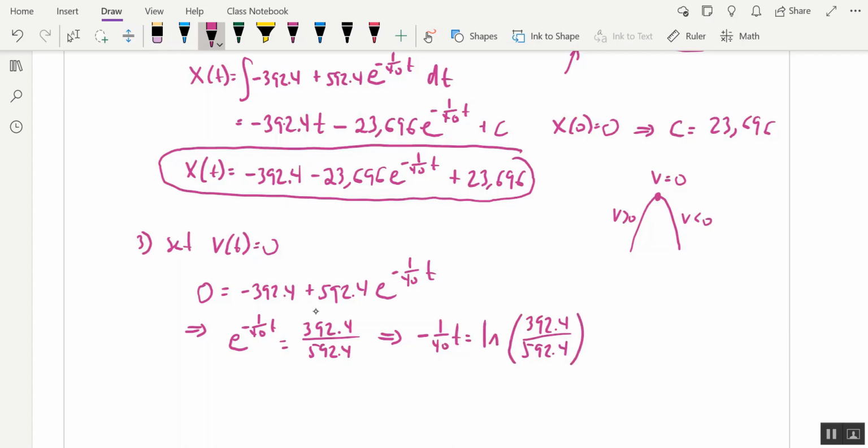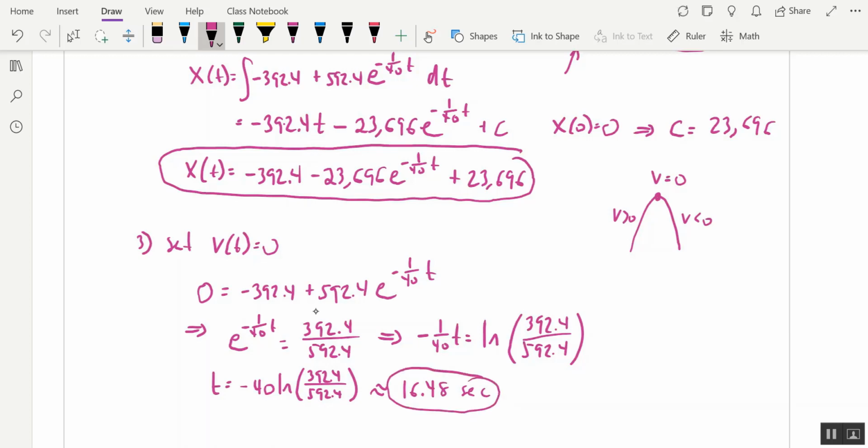And then finally, multiply both sides by -40, and we get t is -40 ln of 392.4 over 592.4. Now you do need a calculator. That's approximately 16.48 seconds. I rounded, it was 16.47 something.